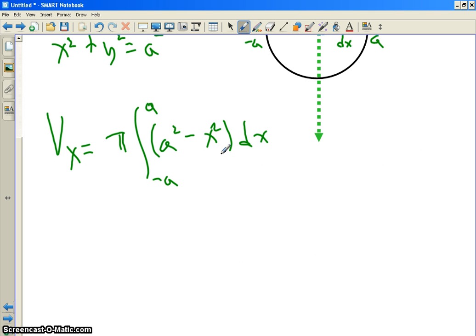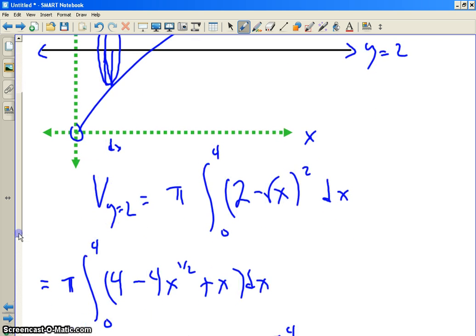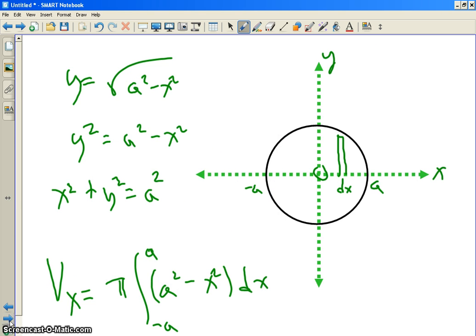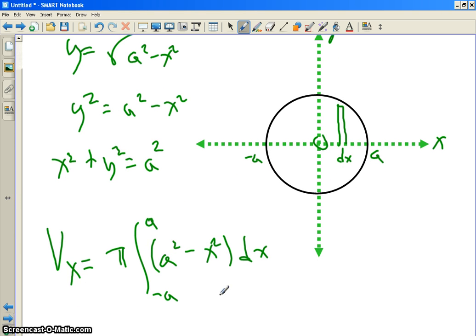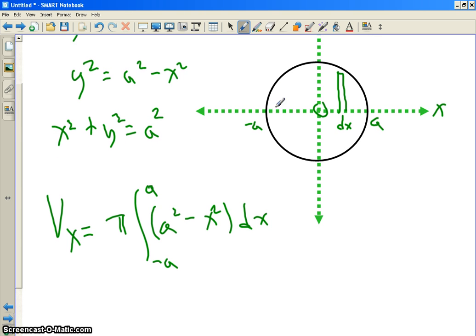Okay, great. That's fine, but can you make it even easier? What was nice about this one? That's 0, right? Can you get it here too? You don't have to. But it can save you a little work later if you realize that what you're doing is you're taking this semicircle and revolving it around the x-axis from negative A to A, right?